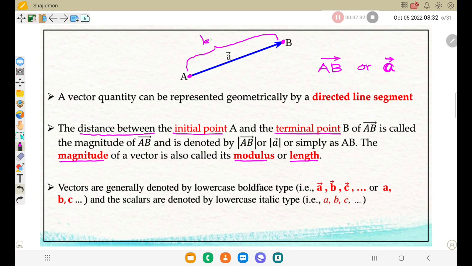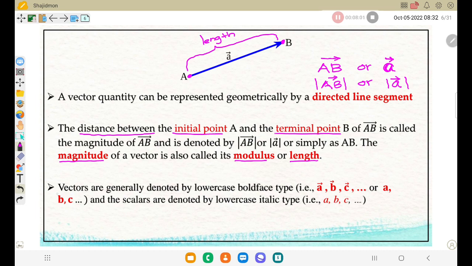I hope you understood that. The magnitude of a vector is always represented using the absolute value symbol: magnitude of vector AB, or, if you use the small letter, magnitude of vector a. I hope you understood that.